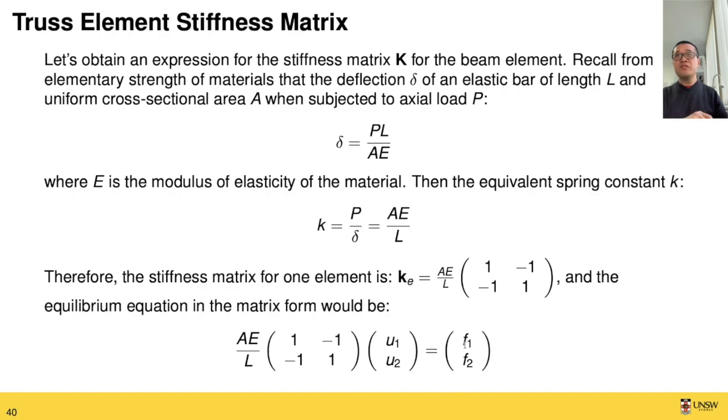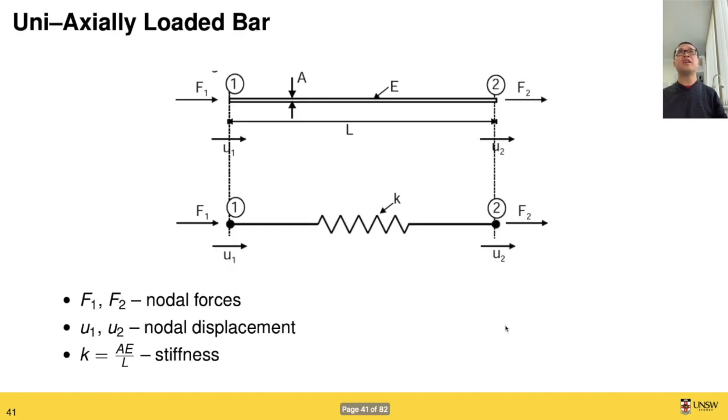So if you look at what happens to a uniaxially loaded bar, in the one-dimensional spring case we just looked at before, we have two nodes at the two ends where each node has an external force F1 and F2 applied, with a corresponding displacement U1 and U2 at these two nodes.